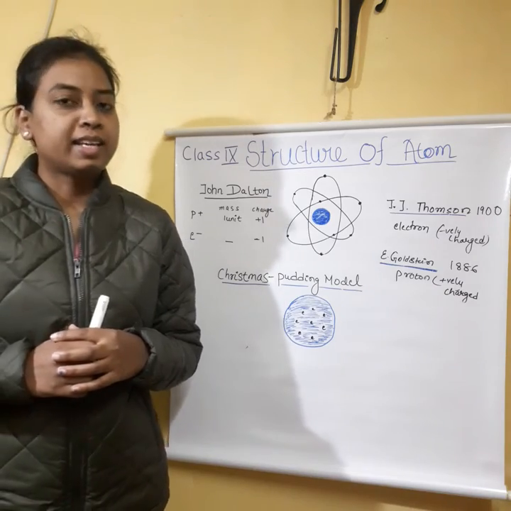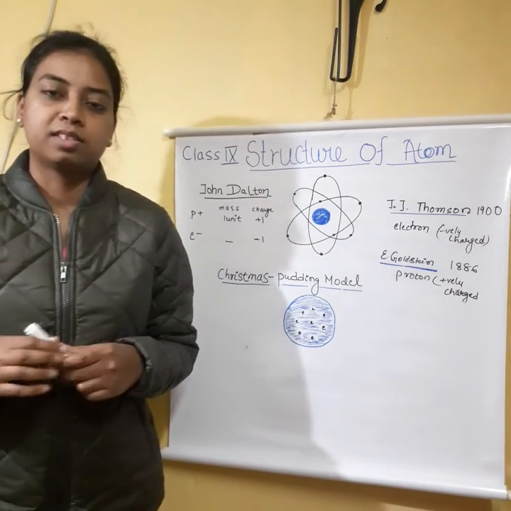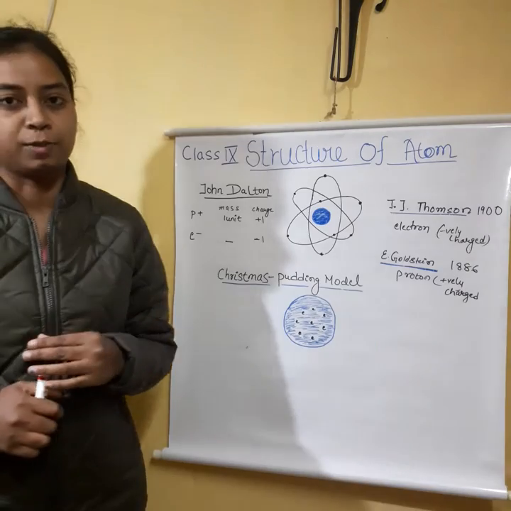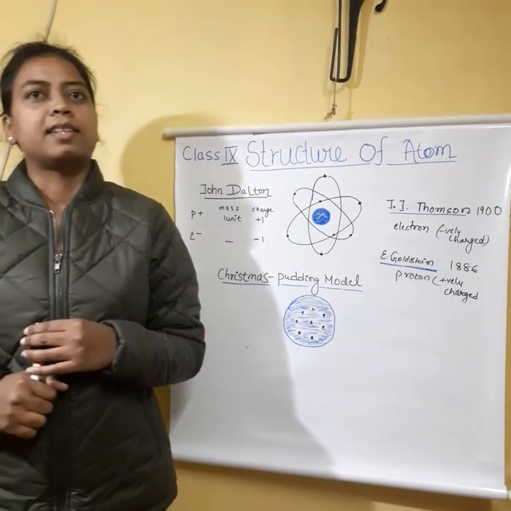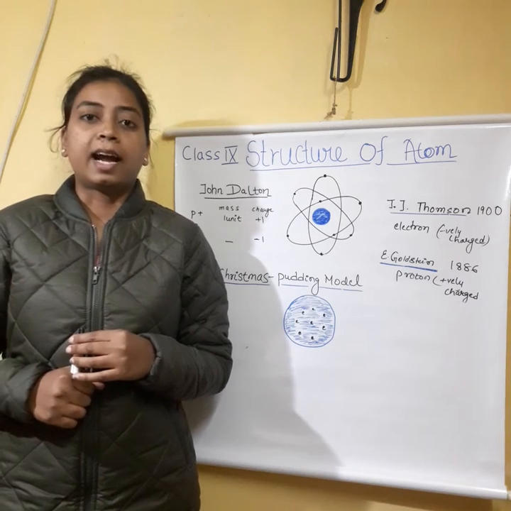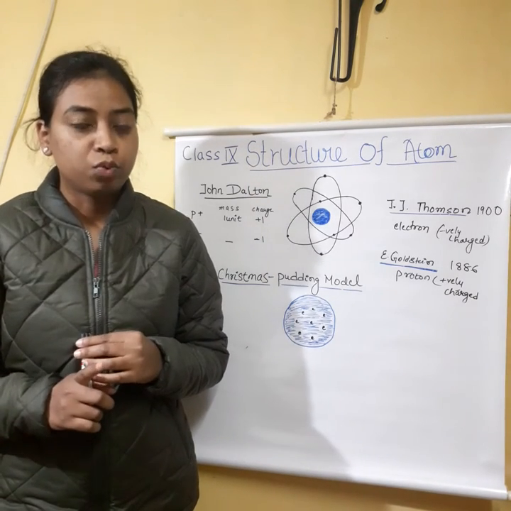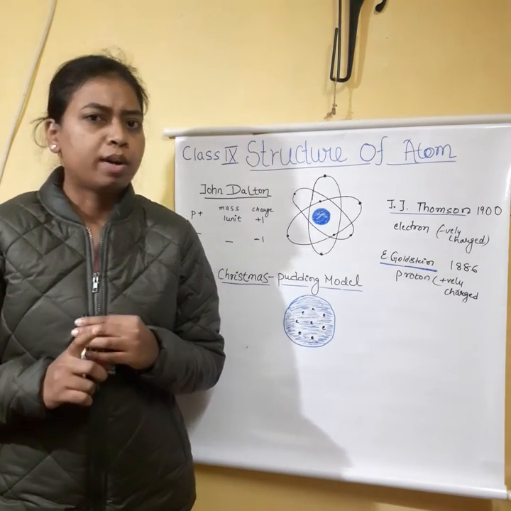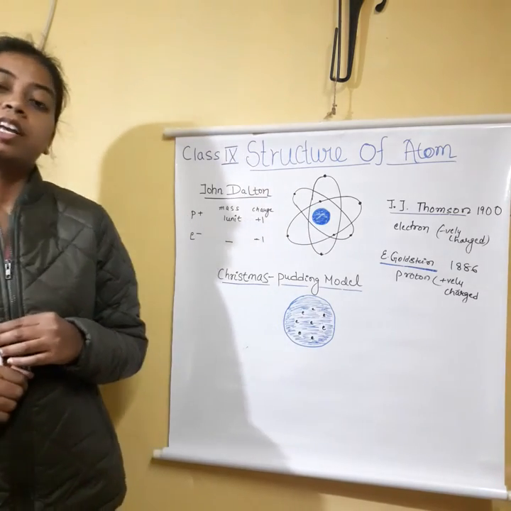So he gave two propositions according to his structure. The first one was that the atom is a positive sphere in which electrons or negatively charged particles are embedded.